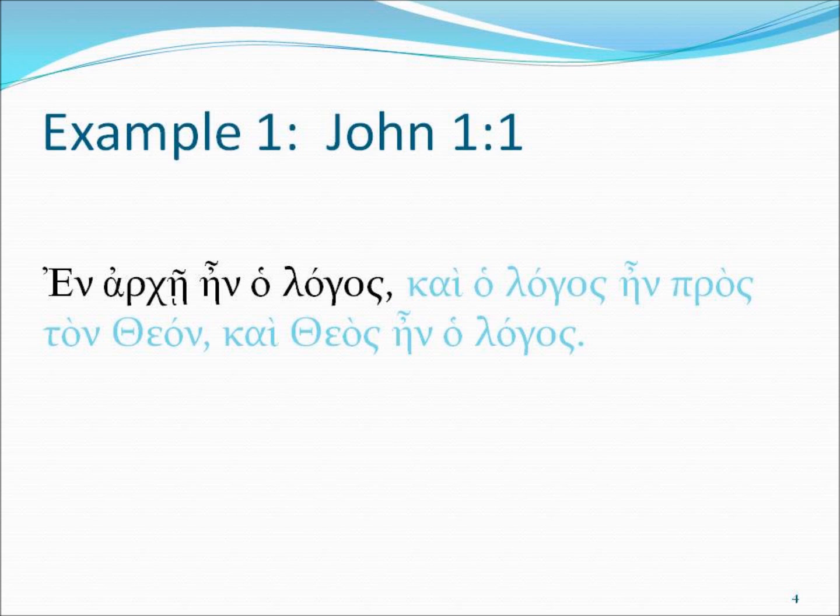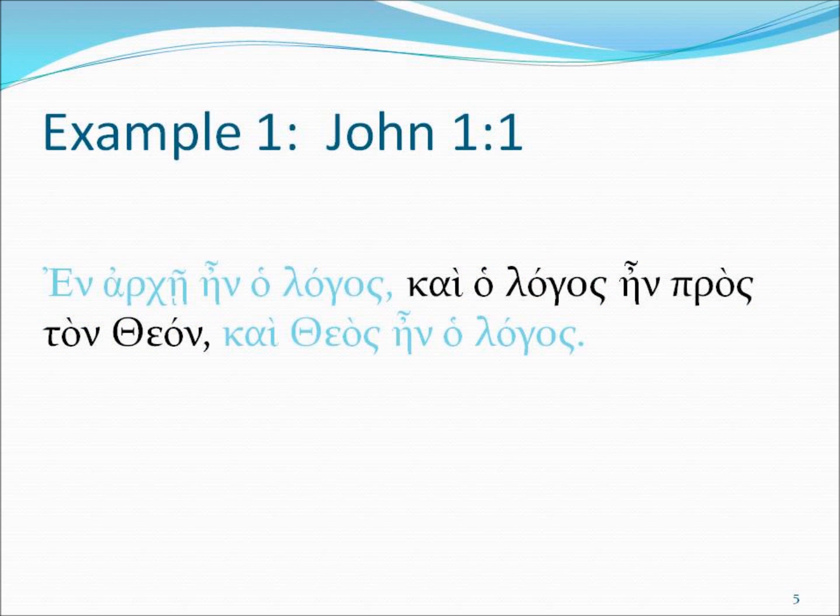So you have en, arche, ein. But there's a rough breather mark above the omicron, ho. Do you see the shift in the breather marks? One is soft, the other one is rough. En arche ein ho logos.